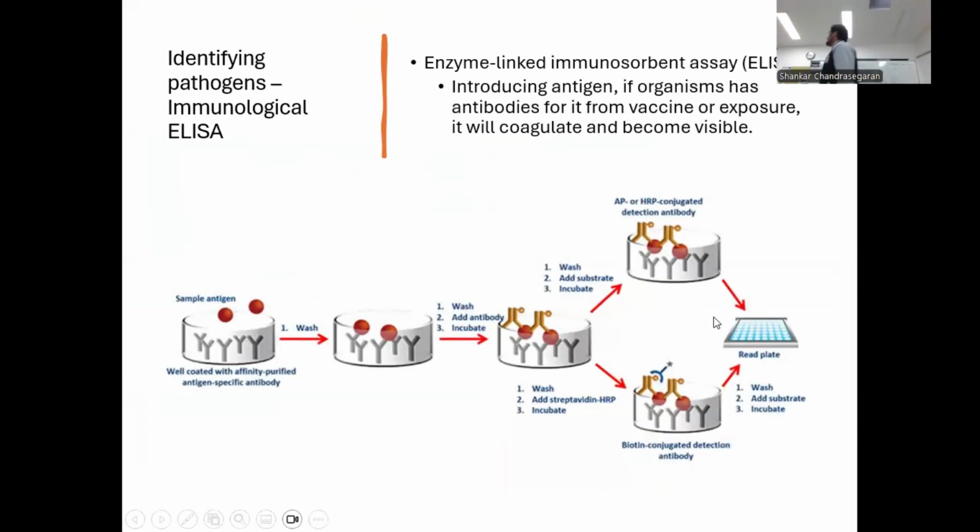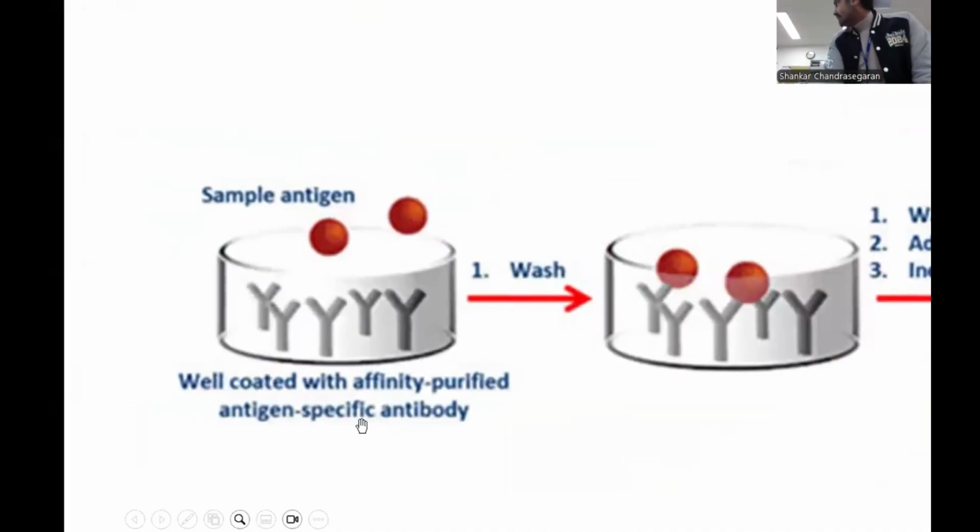All right. So let's talk about the ELISA test a bit more. How it works is first we have a plate that has the wells coated with the antibody. All right. So first we have a well coated with affinity purified antigen specific antibodies. Basically, antibodies that are going to let these sample antigens bind to them.